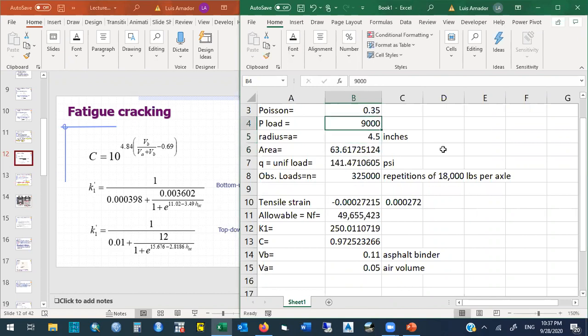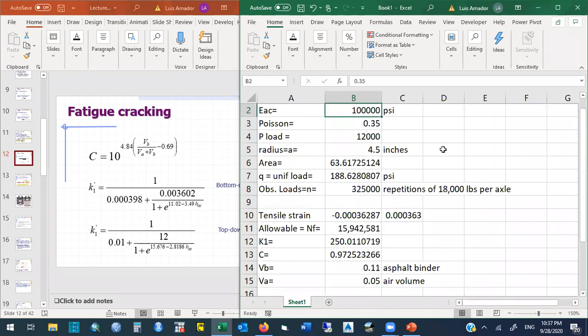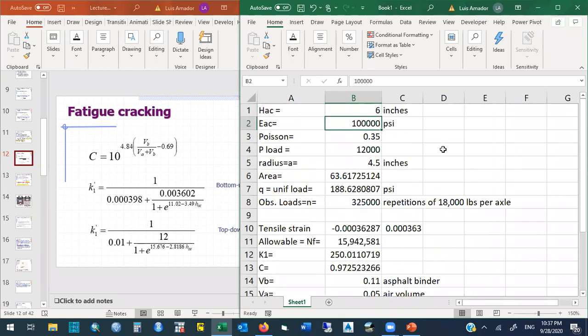The same if the load is now not 9,000 but maybe 12,000. So it depends on the load and the area of application, also the material property. If this is 150,000, it's gonna increase. If the thickness of the layer changes, the material capacity is gonna change.